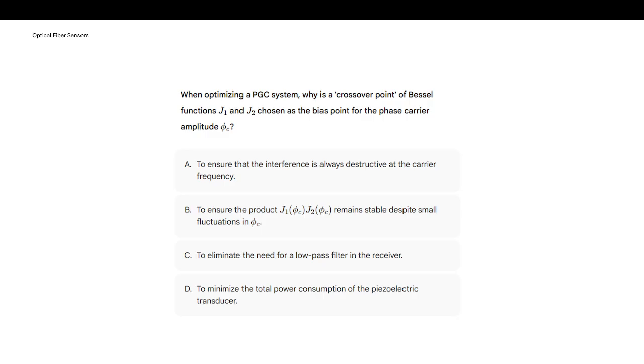A. To ensure that the interference is always destructive at the carrier frequency. B. To ensure the product J1(phi c) J2(phi c) remains stable despite small fluctuations in phi c. C. To eliminate the need for a low pass filter in a receiver. And D. To minimize the total power consumption of the piezoelectric transducer. So what's your answer for this?